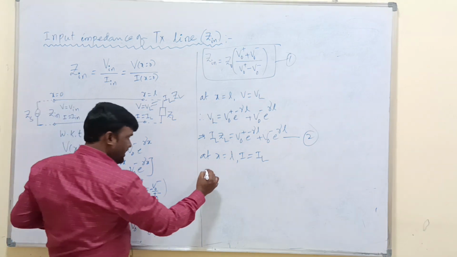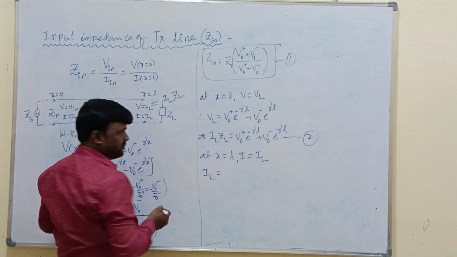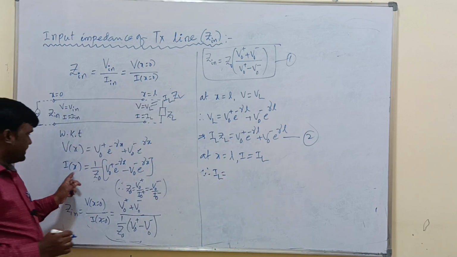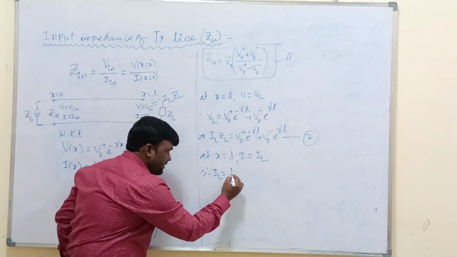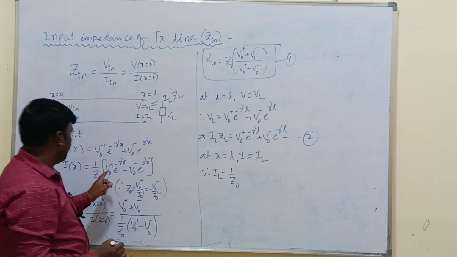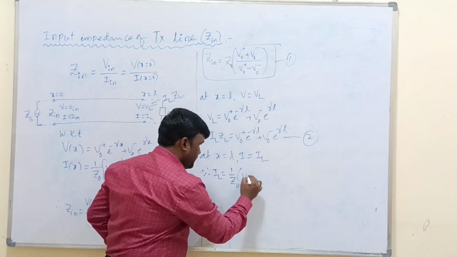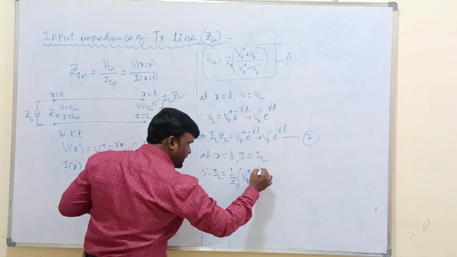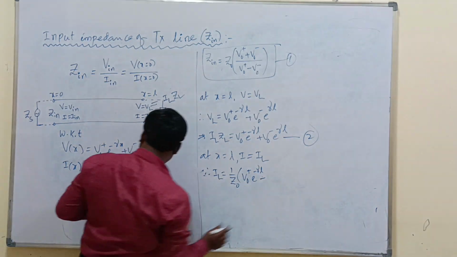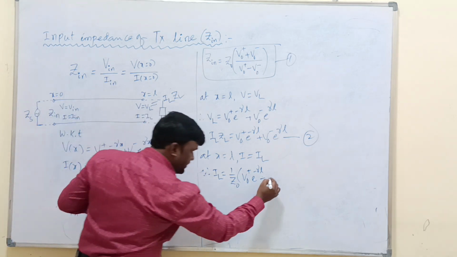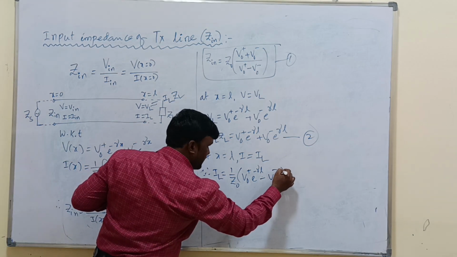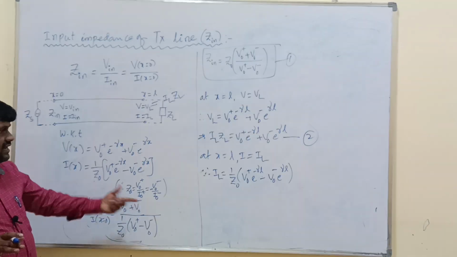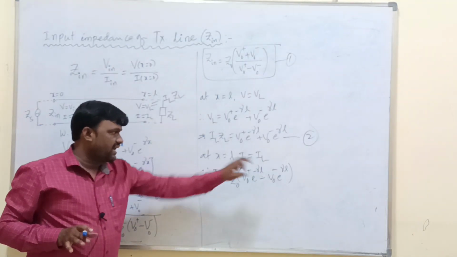Then IL is equal to, therefore I am writing, therefore IL is equal to 1 by Z naught, V naught plus e to the power minus gamma x. Now x is replaced with L, and here it is minus V naught minus e to the power gamma L. Just as I substituted the x value as L, I got I as IL.